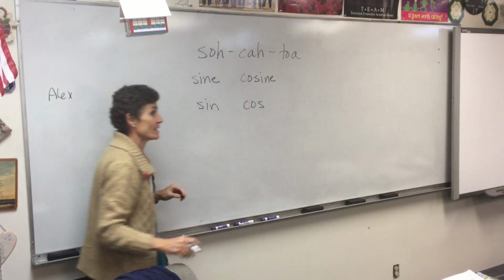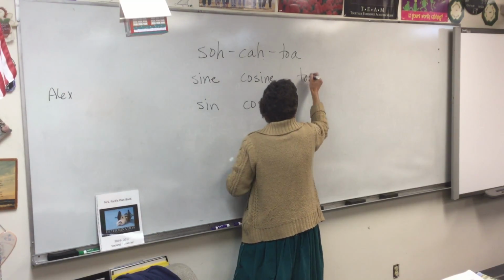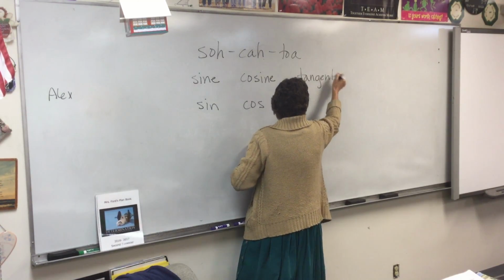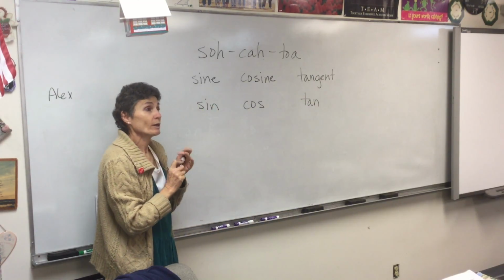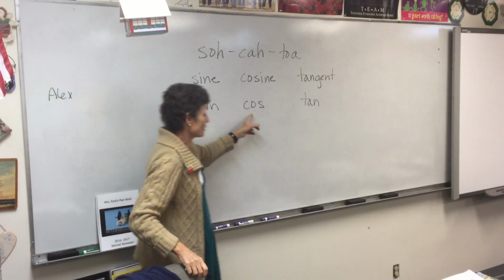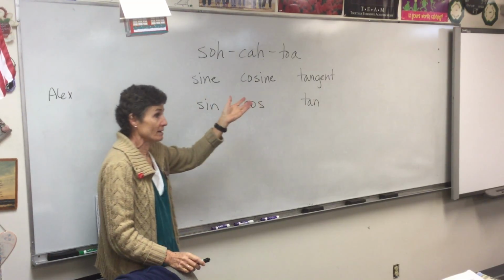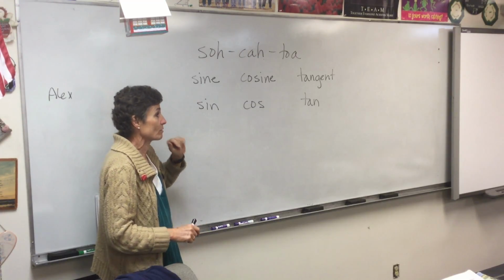COS is the abbreviation for cosine. The T stands for tangent, and TAN is the abbreviation. So on your calculators, you have buttons that say sine, cosine, and tangent, right? You've seen those buttons. Those are our big three trigonometric functions.